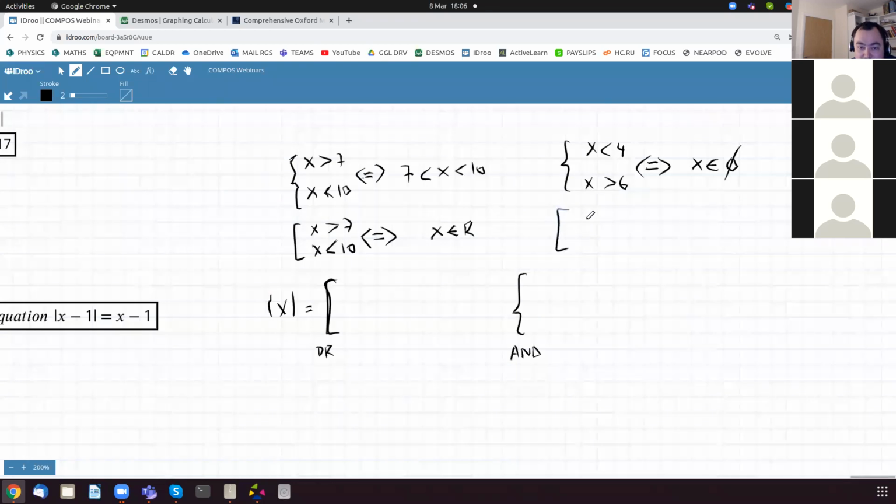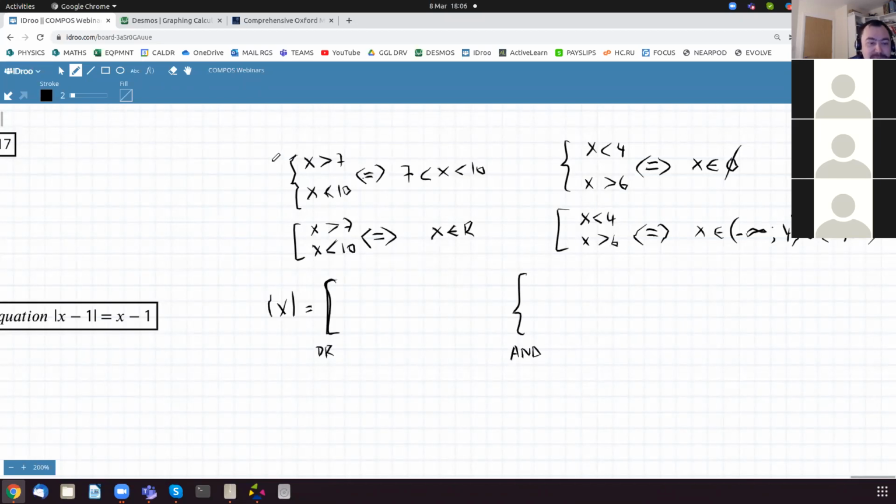On the other hand, if you write x is less than 4 or x is greater than 6, that means you have the set of all numbers from minus infinity to 4, united with all the numbers from 6 to plus infinity. Okay, so this is just to explain the notation.